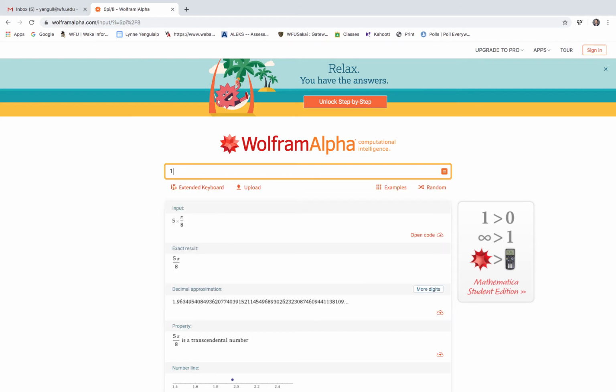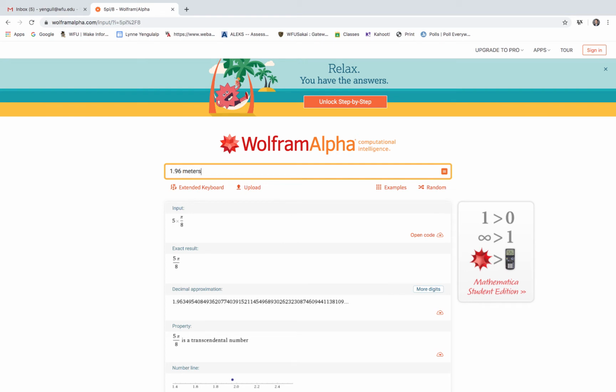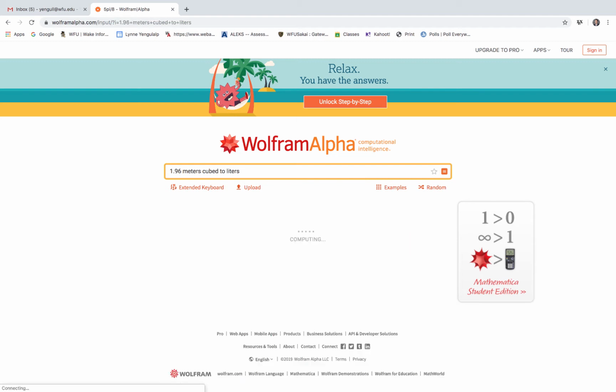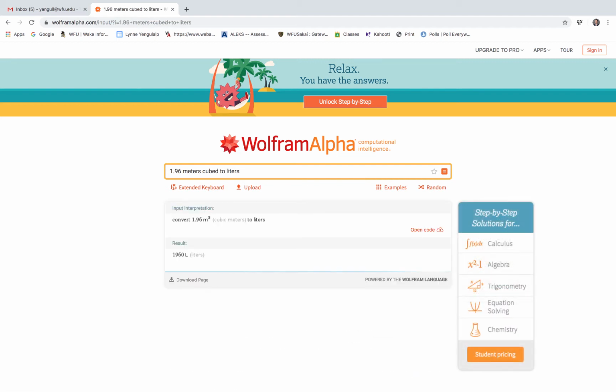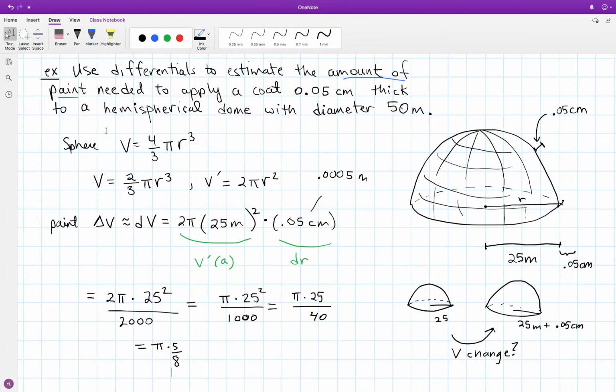So I have 1.96-ish meters cubed. And I just want to put that into a volume unit. So apparently that's like 1960 liters. Okay, and there's your answer to the question.